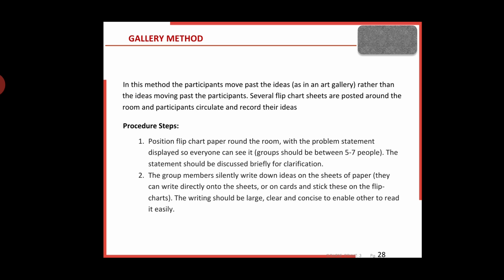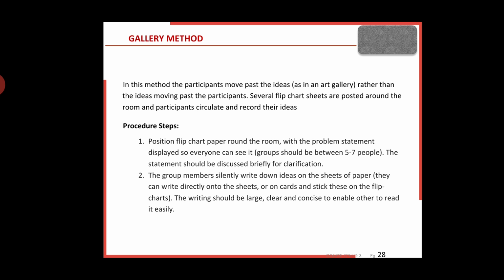Coming to the second step, the group members silently write down ideas on a sheet of paper. In the sense, whatever the group members are able to think about the problem statement, they take one paper and pen and put down the ideas.